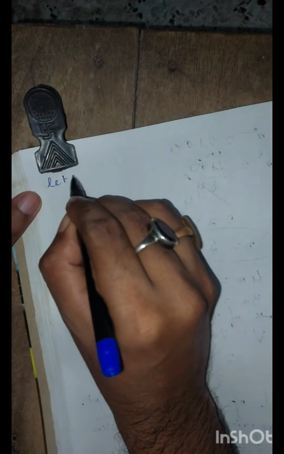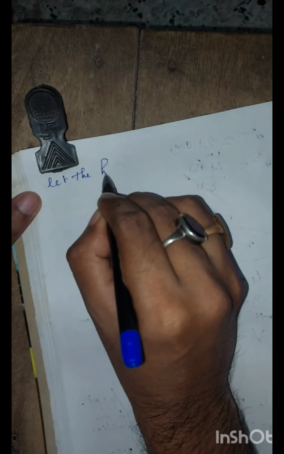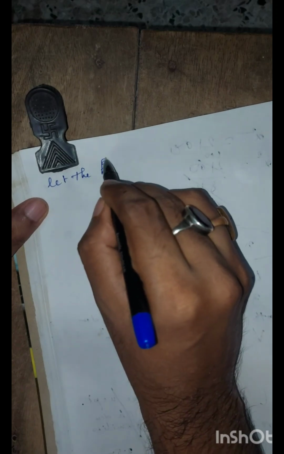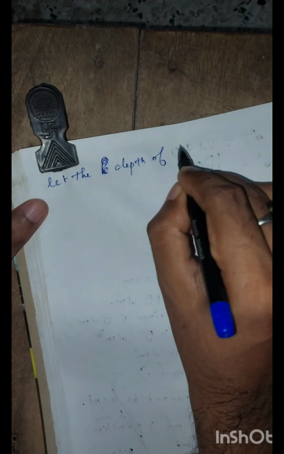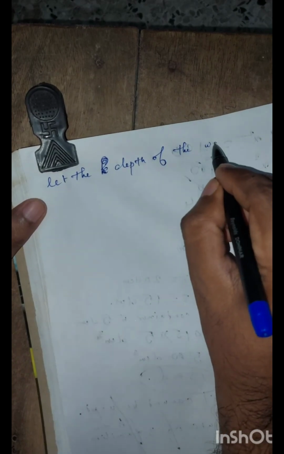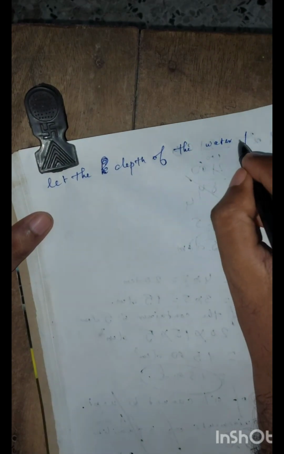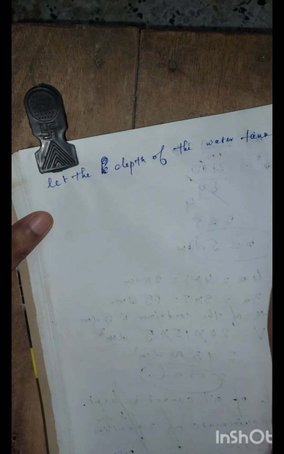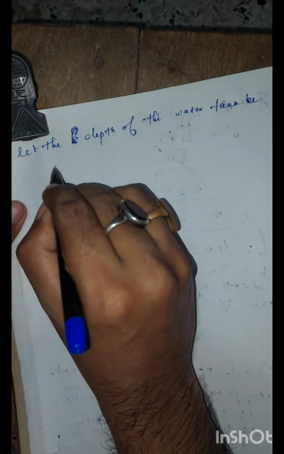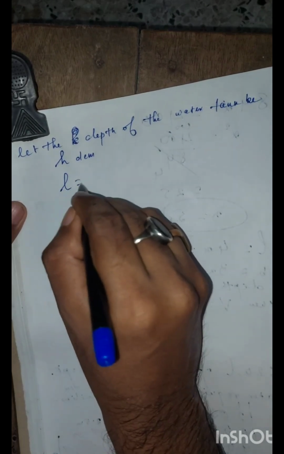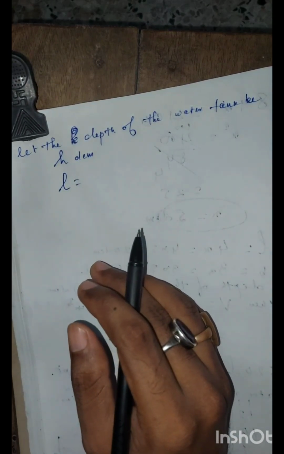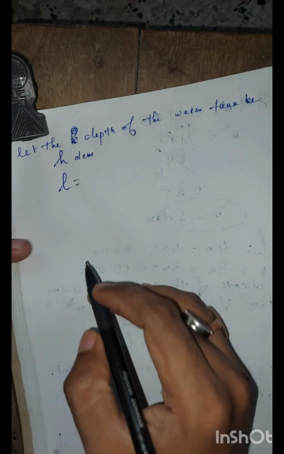Therefore we can say, let the depth of the water tank be h dcm. Length is given, which is 2.5 meter.